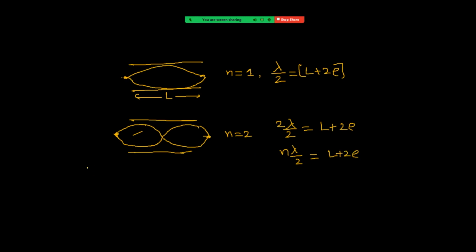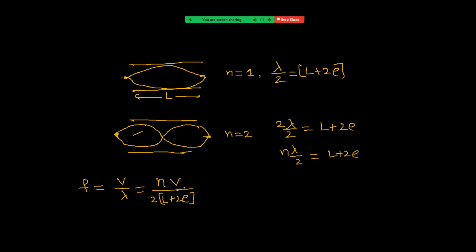Therefore, the frequency for the nth harmonic is V by lambda. We know the V value. Coming to lambda, see how much we got. It is n V by 2 into (L plus 2E).